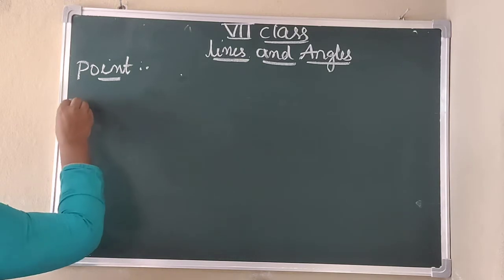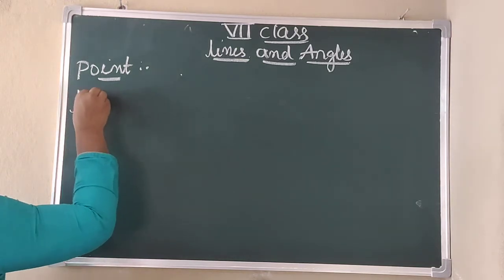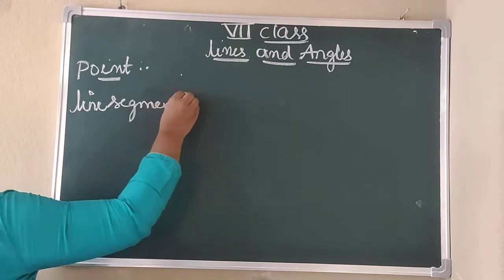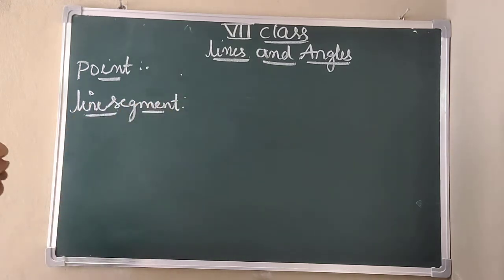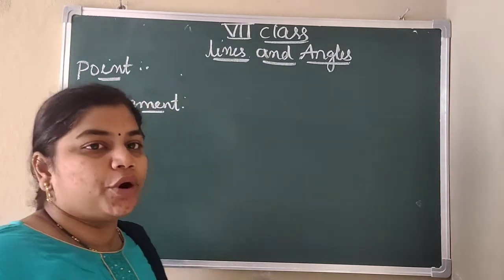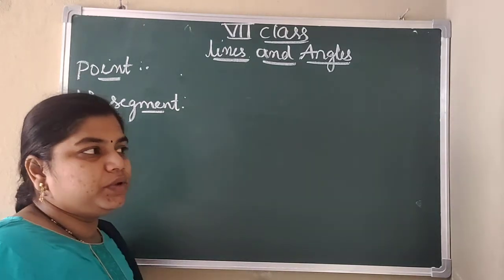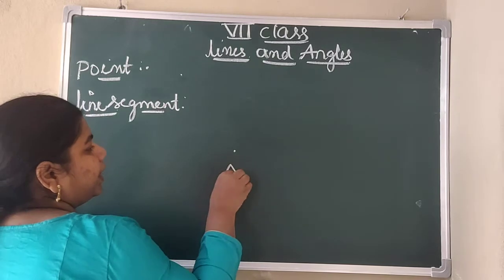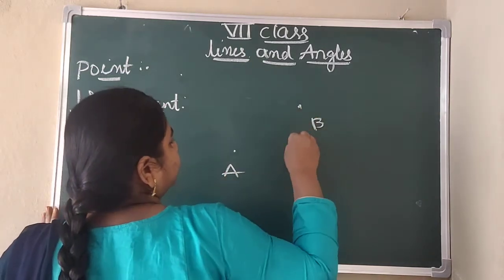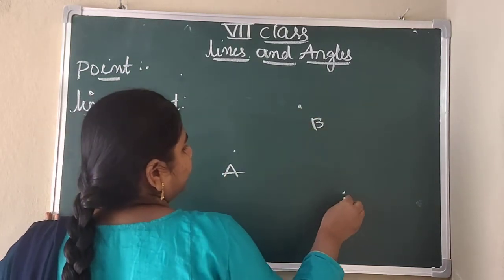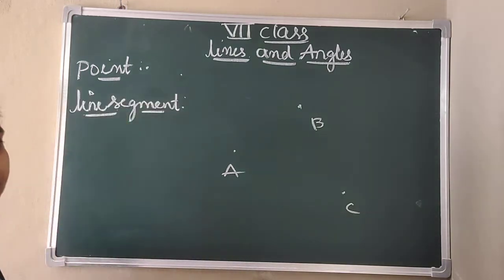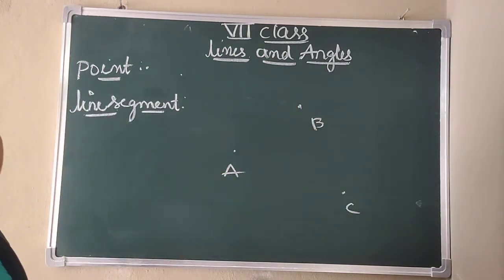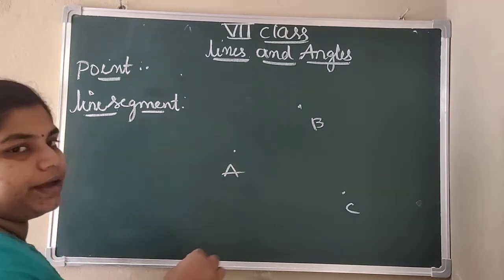In the same way, line segment. What do you mean by line segment? A line segment means the shortest distance between any two points. Suppose I am taking A, B, and somewhere here C. For reaching B, I can use two different directions.